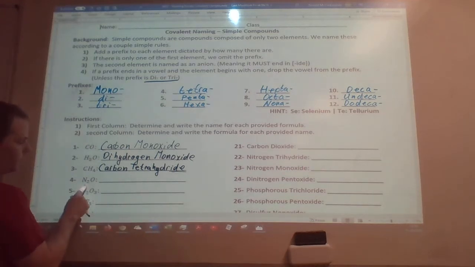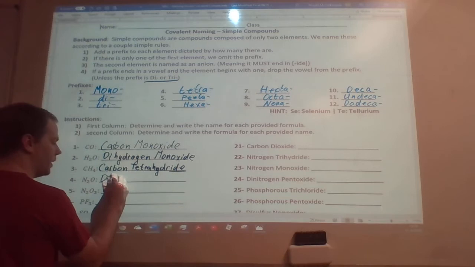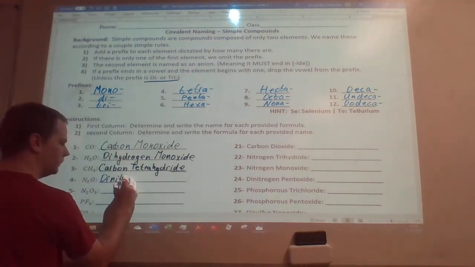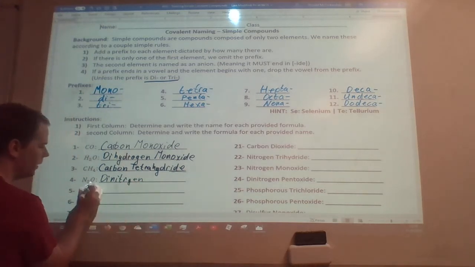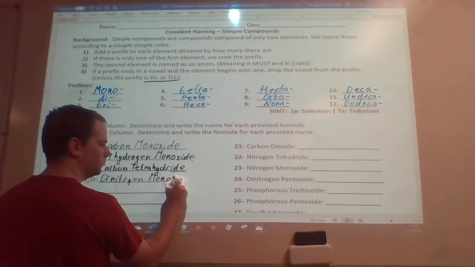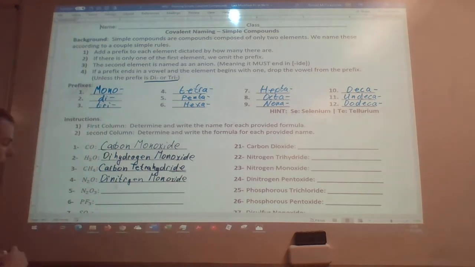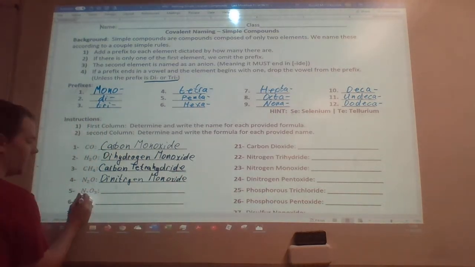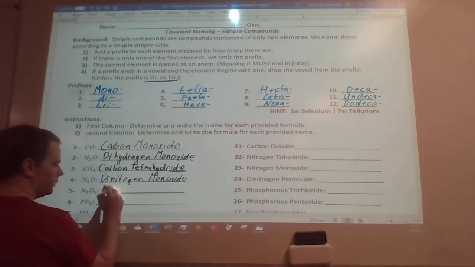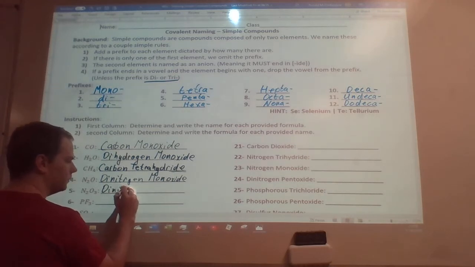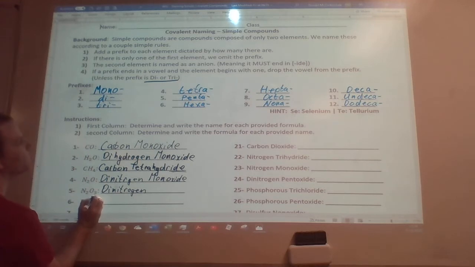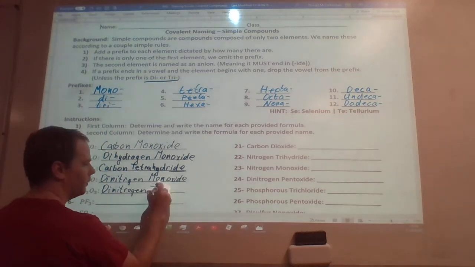Then this would be dinitrogen monoxide. And the last one that I'm going to do with you is N2O3, which would be dinitrogen again. 3 is trioxide.